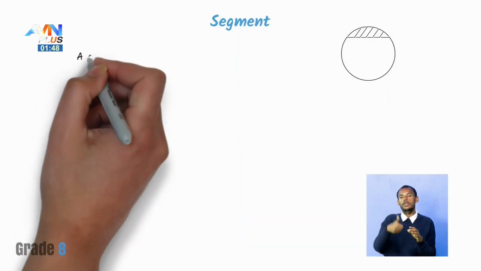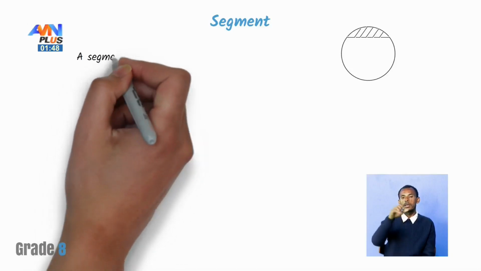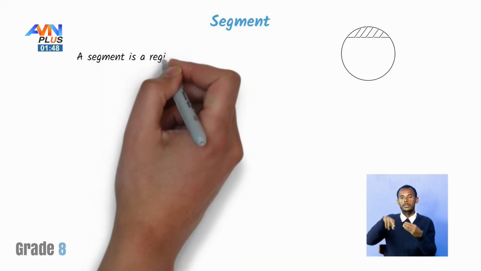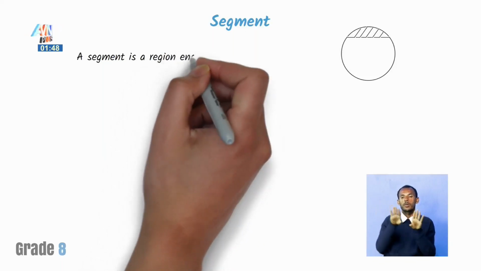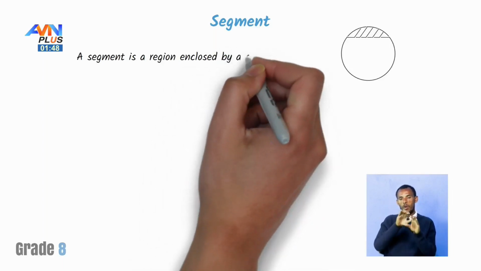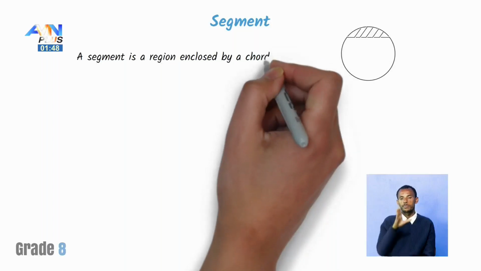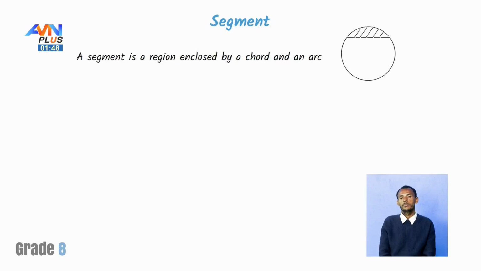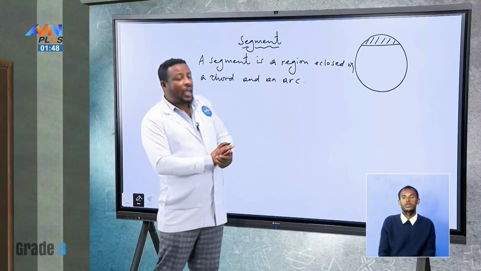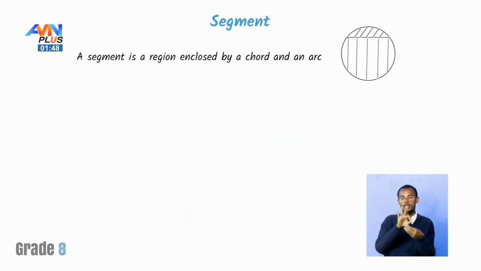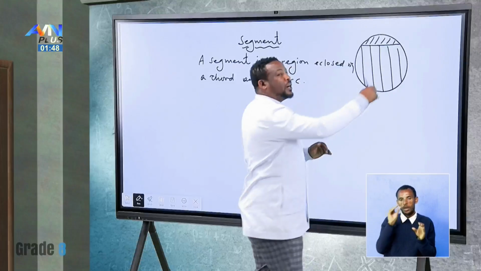Okay, a segment is a region enclosed by a chord and an arc. Okay, so if you consider this big portion of a circle, this region is also a region enclosed by a chord and a major arc.